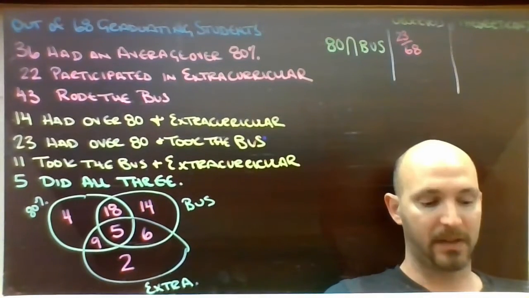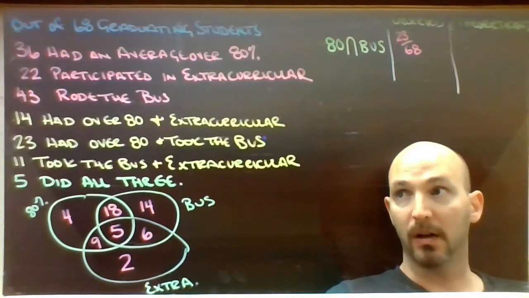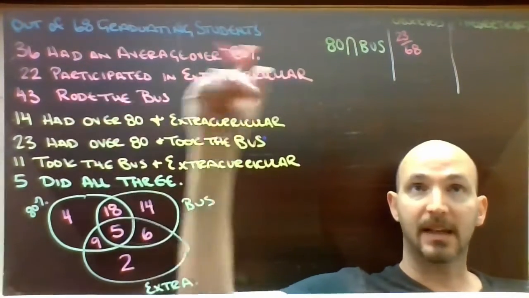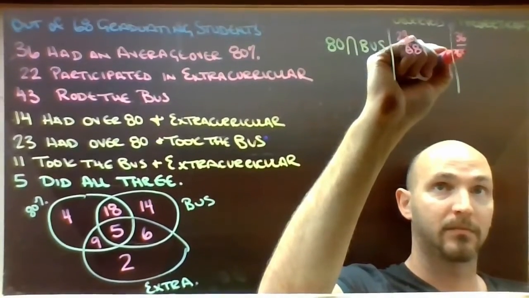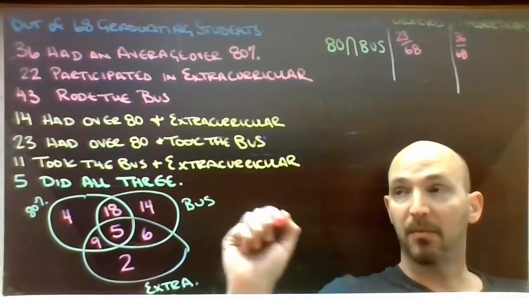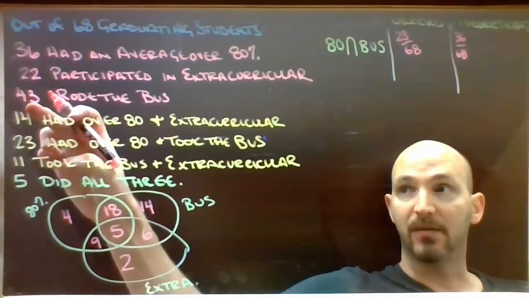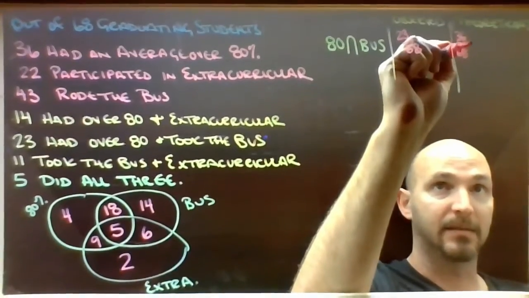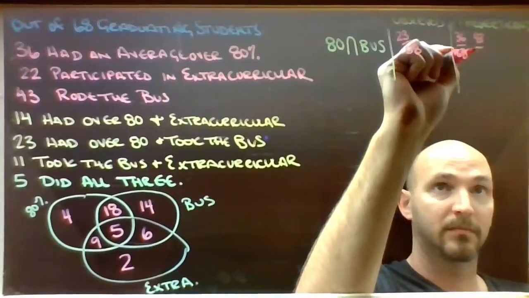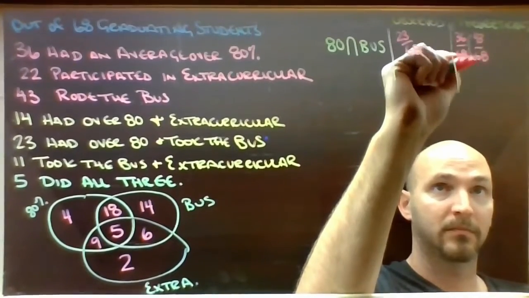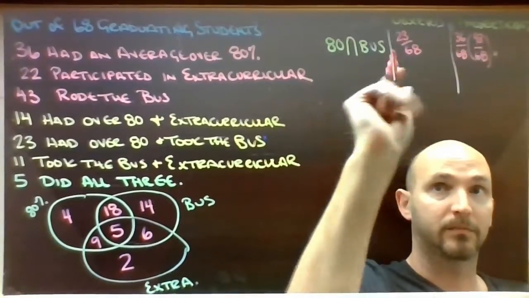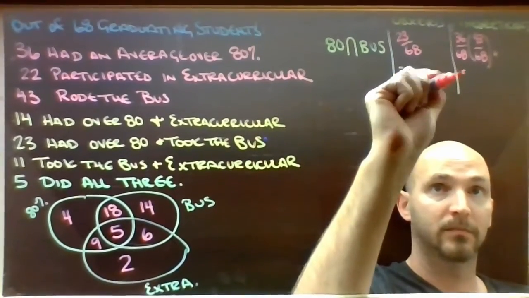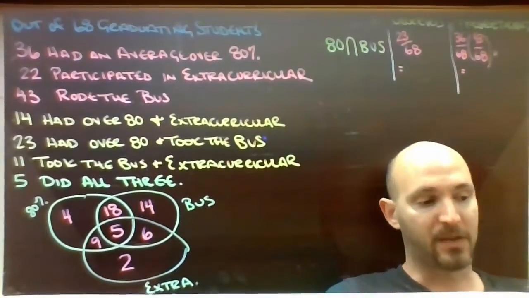So the probability of getting an 80 or more would be 36 out of 68, and the probability of taking the bus is 43 out of 68. And I'm going to multiply those two things together.